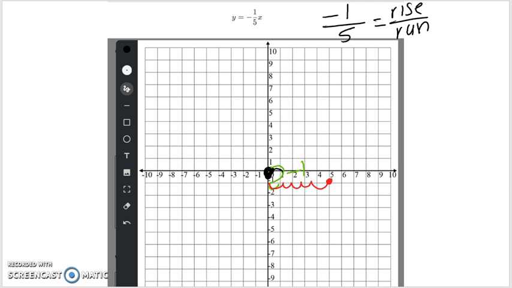And I know some of you are going to ask me, well, can I do it the other way? What if I wanted it to be positive 1 over negative 5?